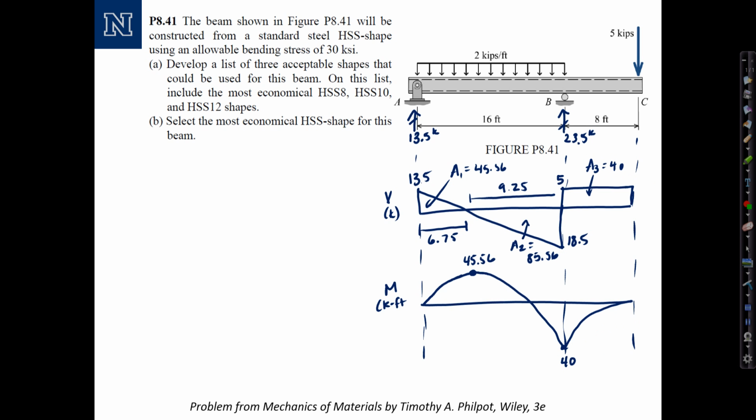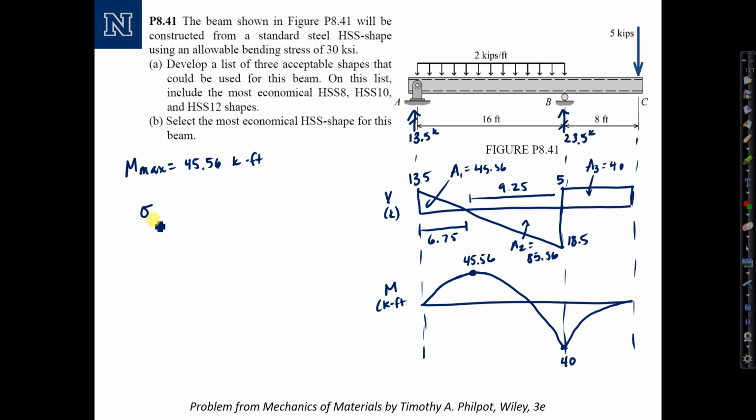All these calculations were used to determine my maximum moment over the entire beam, and I want the magnitude here because it's a symmetric cross-section. The maximum moment is equal to 45.56 kip feet.